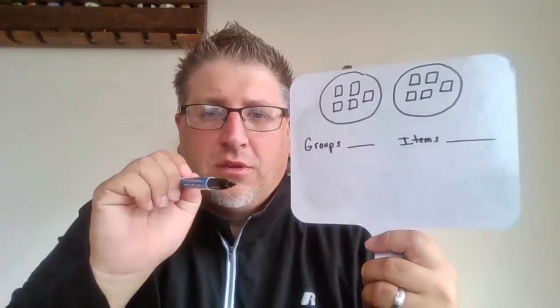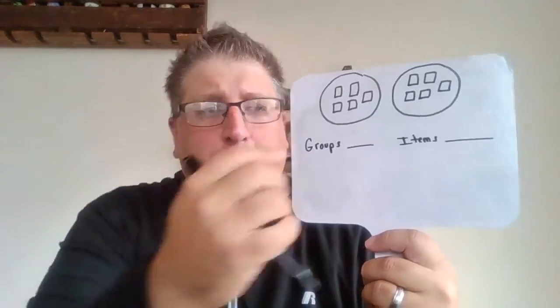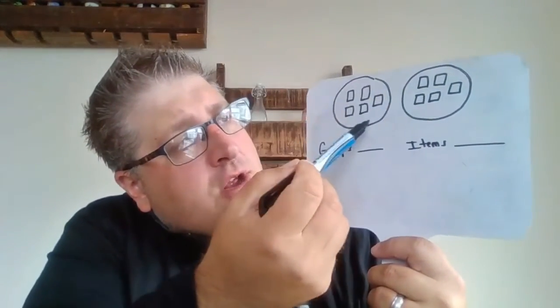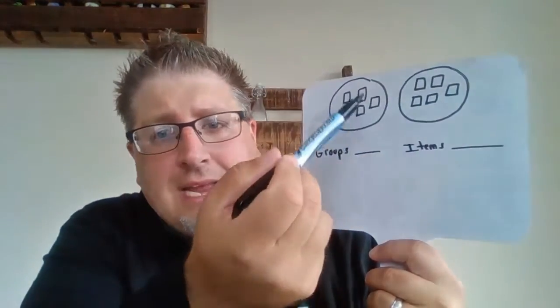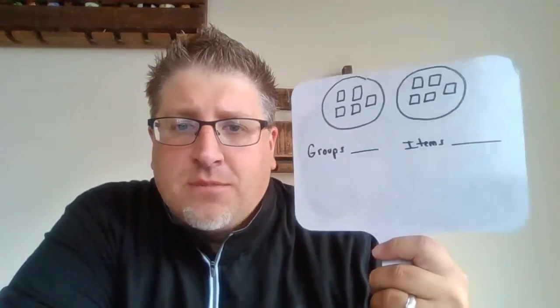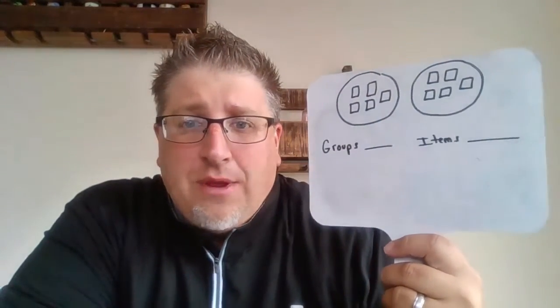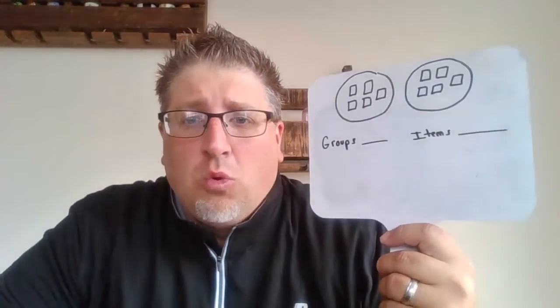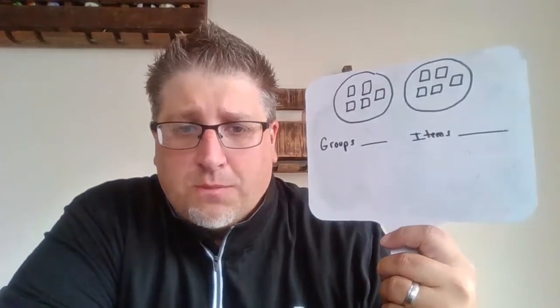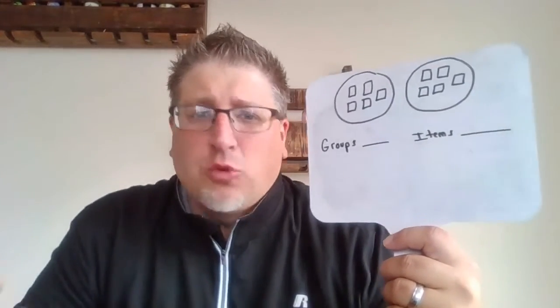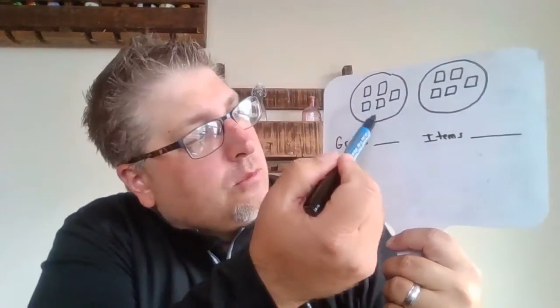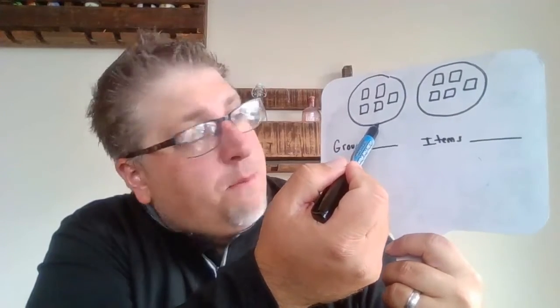So, groups. All right? Let's take a look at our pictures. We have these 2 pictures right here. The circles represent groups, and inside of them are the items or the things. Here we have squares. We have squares in each one of those groups. Okay, so first things first, how many groups do we have? We have 1 group, 2 groups.